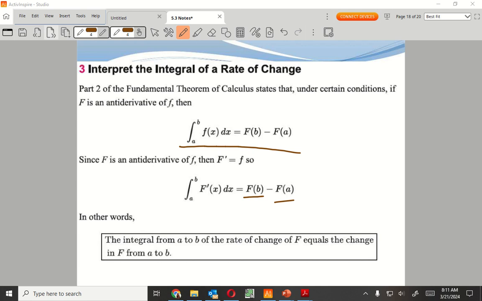Okay, so now capital F refers to integral, right? This symbol right here refers to integral, right? Okay, so the capital F with the tick mark means it's the derivative, so it's the derivative of the integral.